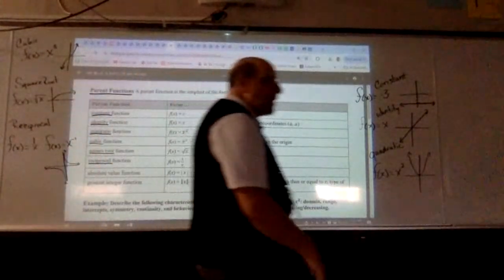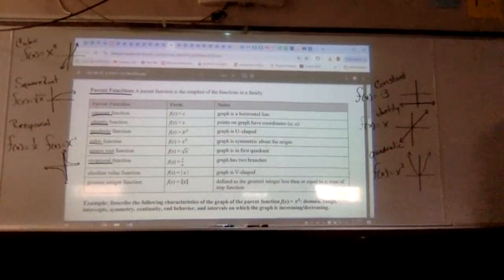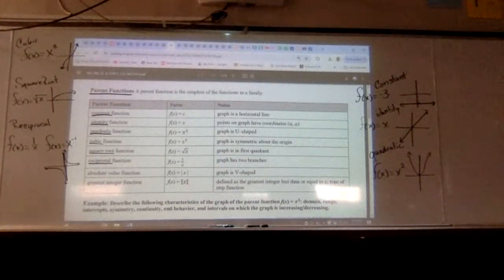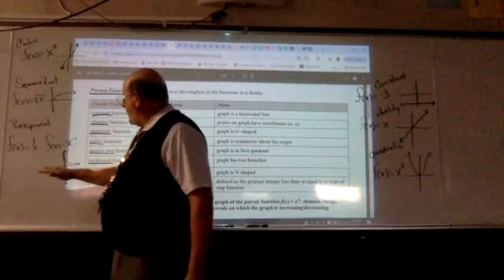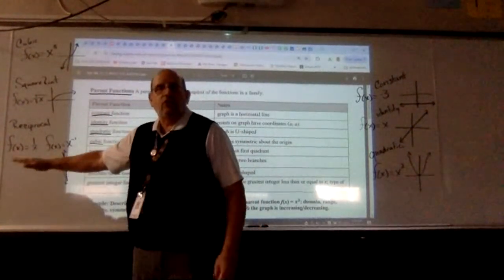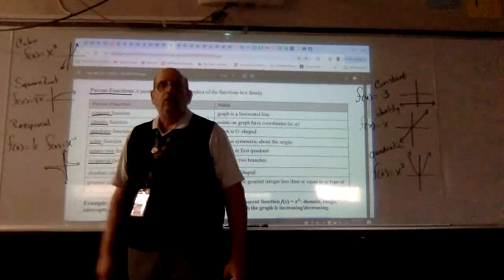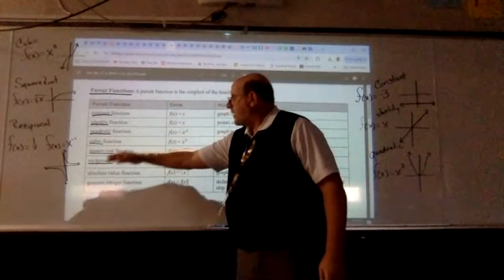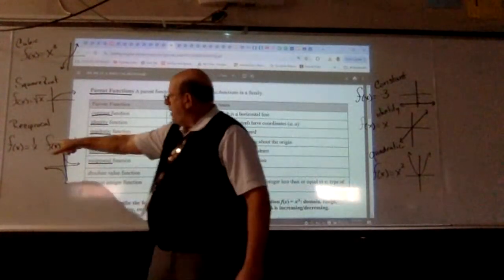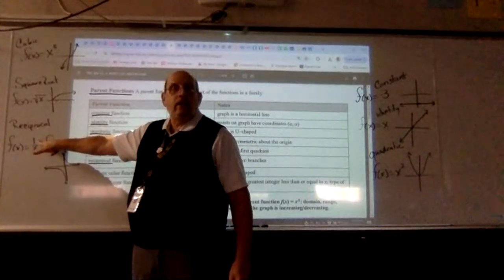So when we talk about end behaviors, this function gets infinitely close, if the limit of this function as x approaches negative infinity, this gets infinitely close to 0. And same on this side, it gets infinitely close to 0. Why? Because we got a little 1 in that numerator.